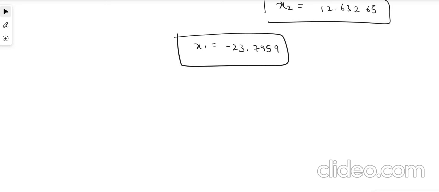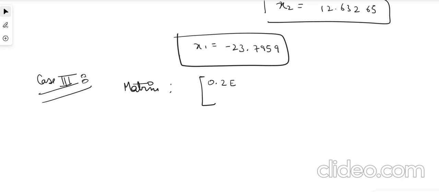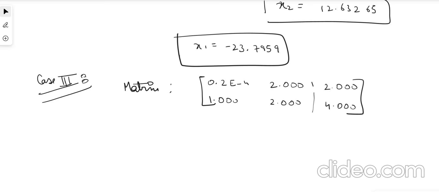Now looking at case 3. The next matrix will be 0.2 e minus 4, 2.000, 2.000, 1.000, 2.000, and 4.000.